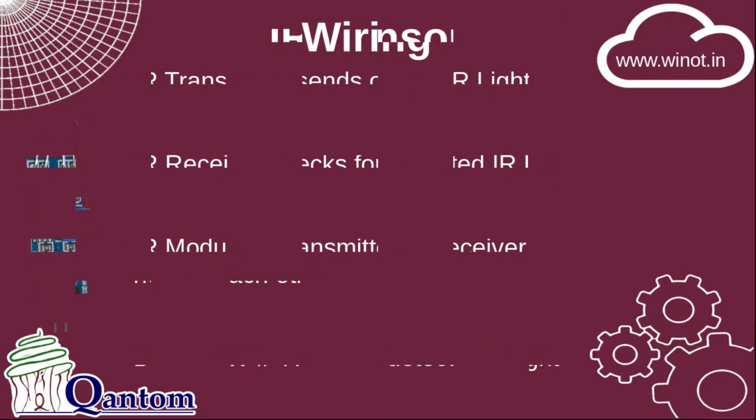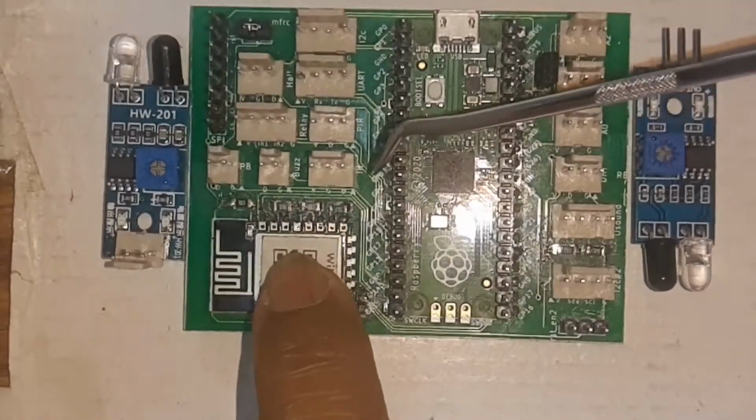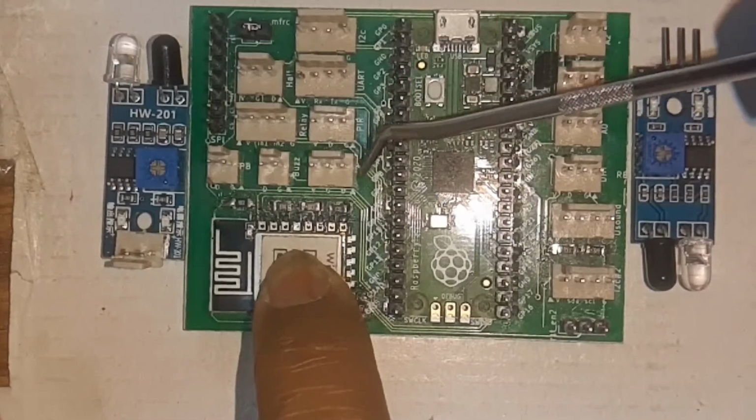Let's now connect an IR sensor to the Raspberry Pi Pico. If you're using the Y0 IoT board for Pico, then locate the RMC connector marked as IR. Plug in a 3-pin RMC wire into the IR connector.